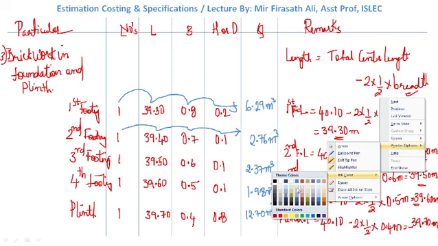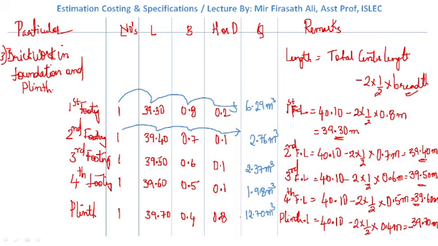We need to add all these quantities given over here. So the total net quantity, if we add all these 5 quantities, stands at 26.10 meter cube.